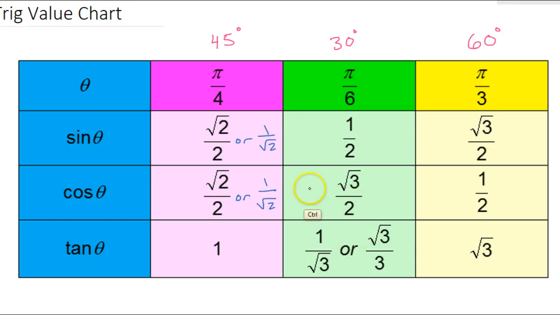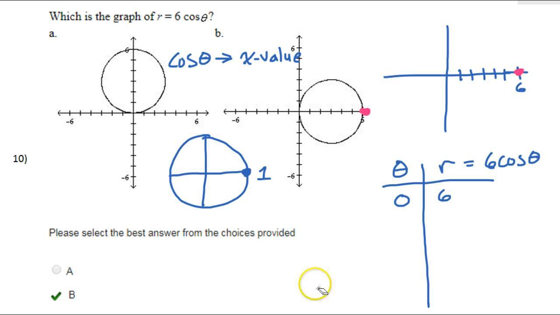Now, here are some more convenient values that we know for all the trig functions, including cosine. Remember that we have 30 degrees, 45 degrees, 60 degrees. So at 30 degrees, pi over 6, cosine is radical 3 over 2. Let's use that.